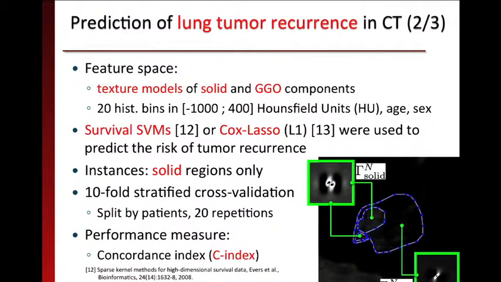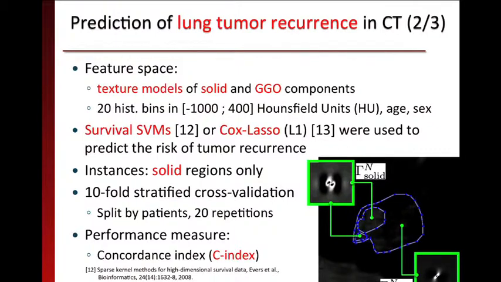We also used other features, such as gray level intensities here in the extended window, and also the age and the sex of the patient. As machine learning approaches, we compared survival SVMs and the Cox-Lasso, the GLMNet models with L1 penalty, to predict the risk of tumor recurrence. As instances in our feature space, we use only the solid regions.